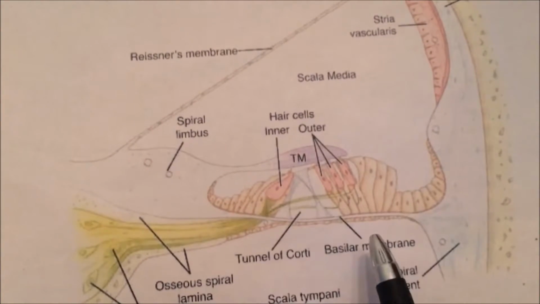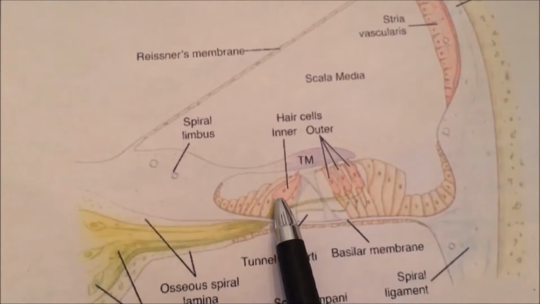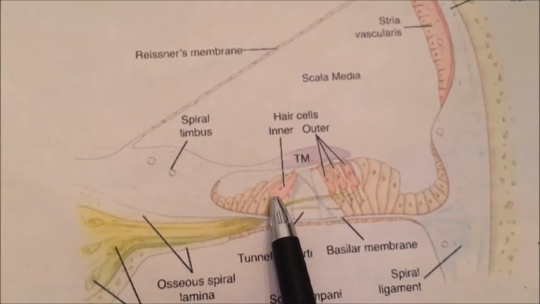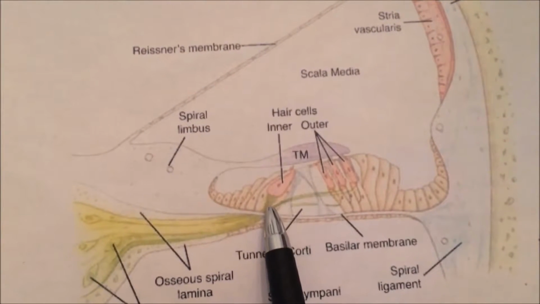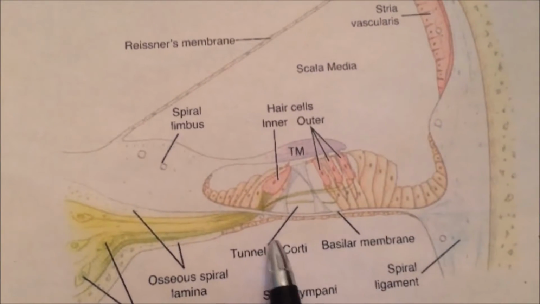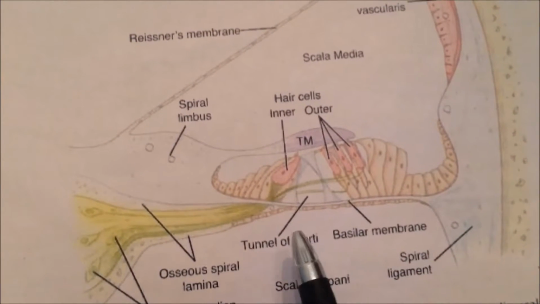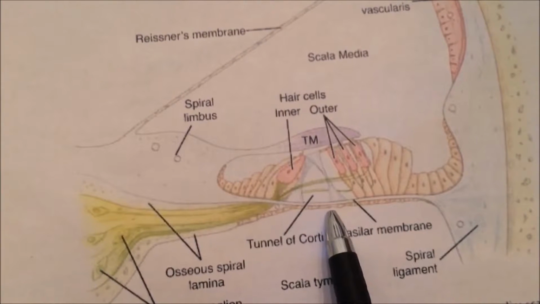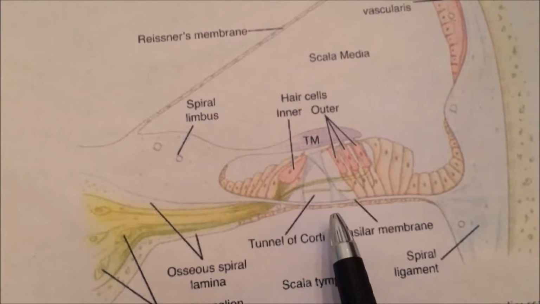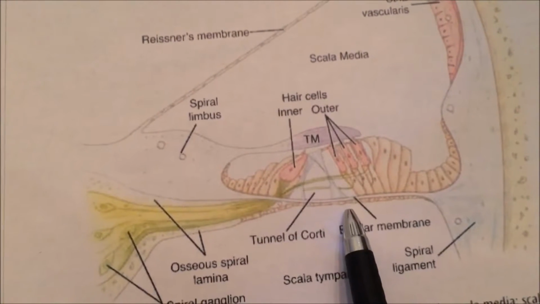The inner hair cells here are the essential component for transmitting electrical impulses to the brain. The basilar membrane has a tonotopic organization, which means that each frequency stimulates a certain part of the membrane.